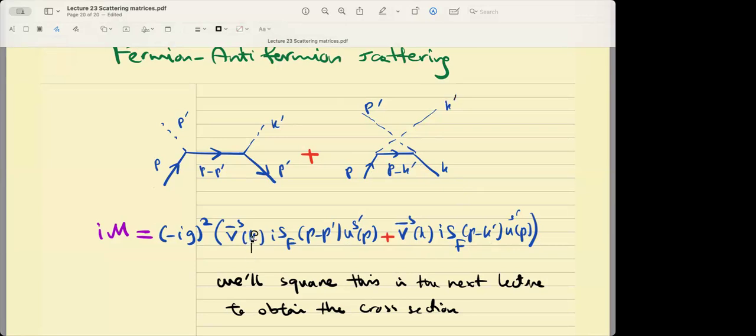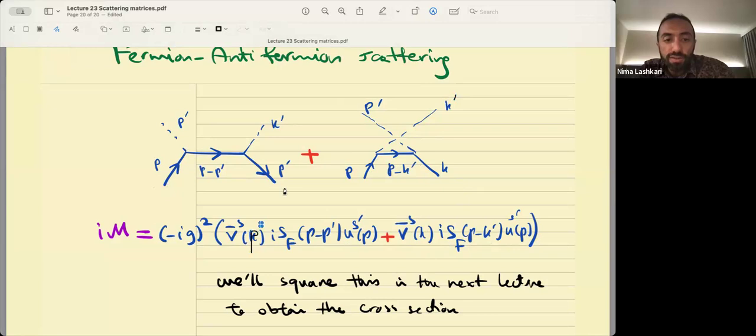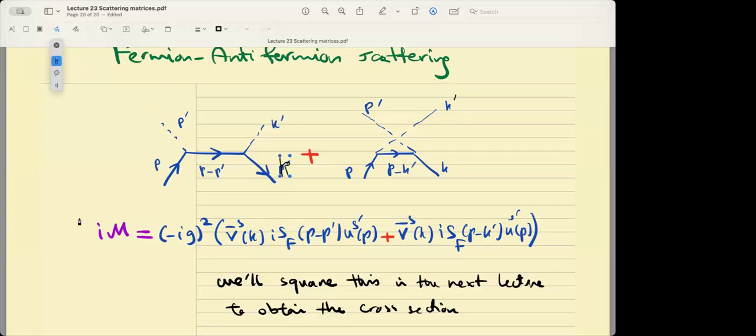Why is it p prime and not k? Because this is a fermion, right? The fermion has p prime. Oh, sorry, is that what the typo is? I'm sorry, the typo is in the diagram, not in the expression. Okay, the typo is here. Good. Thanks for the correction.